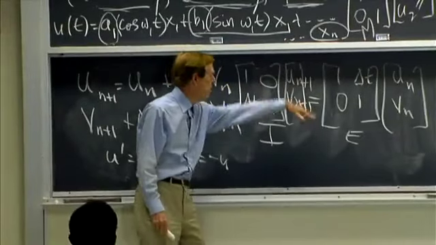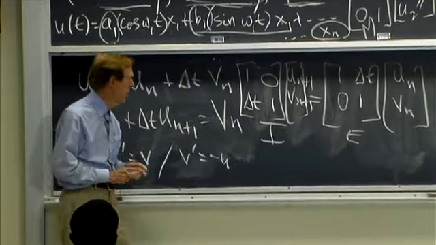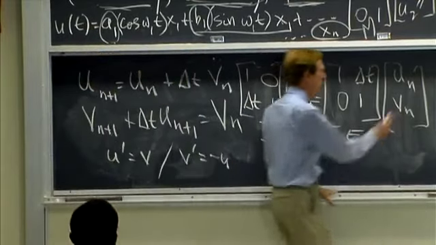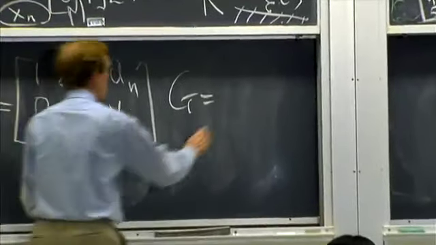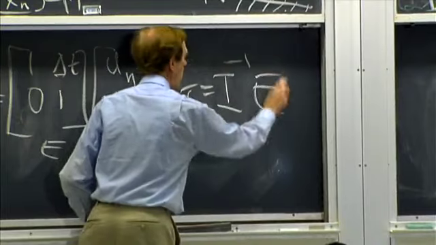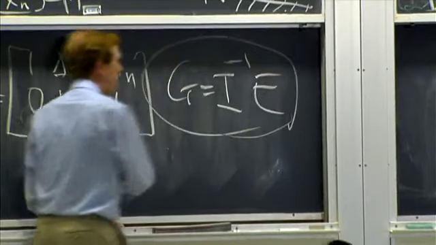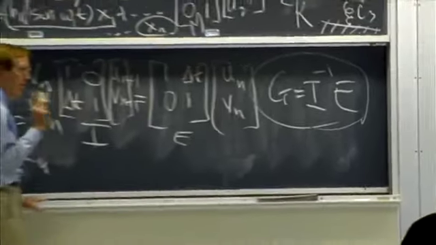It's the inverse. So G, the matrix G there, is I bring I over here. It's the inverse of I times the E. And I can figure out what that matrix is, and I can find its eigenvalues, and it'll be interesting.